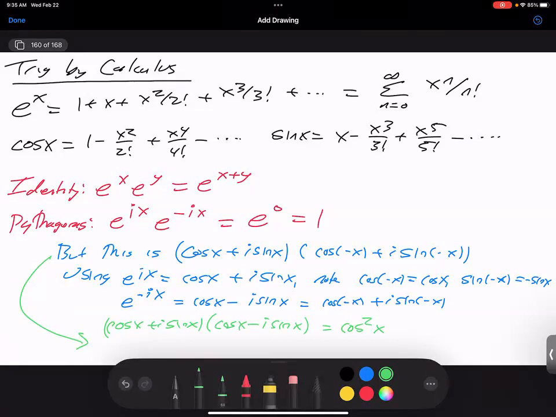They cancel. The middle terms cancel. And then I have i sine x times minus i sine x. What's i times minus i? It's minus i squared. i is the square root of negative 1, so i squared is negative 1. So minus is a positive. So this is cosine squared x plus sine squared x. So there is the Pythagorean theorem.